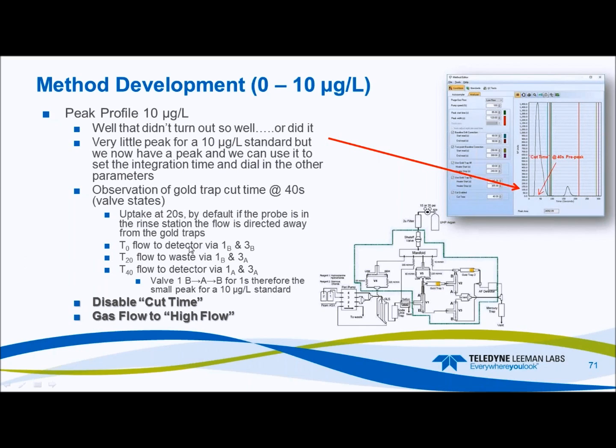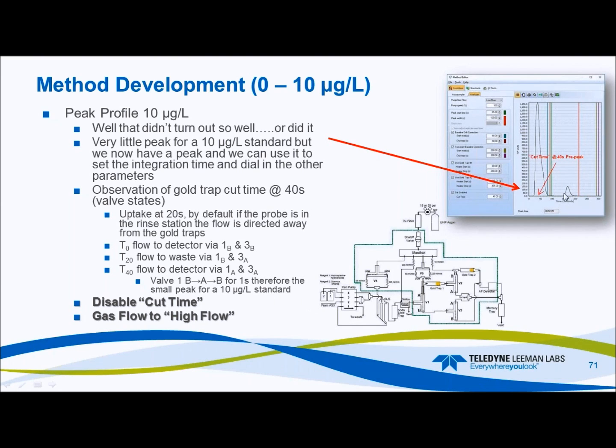And here's actually what happens. So time 0, the valves are going from B over to here to the detector to give us that real-time peak, and then at 20, B and 3A go to waste. Then at 40, where I had my cut time, it went from B to A for 1 second, but we stayed over here in this zone.